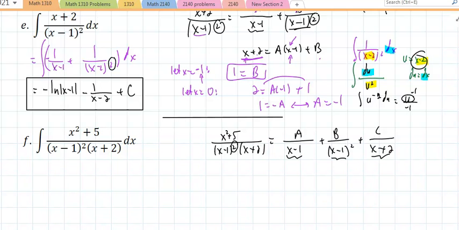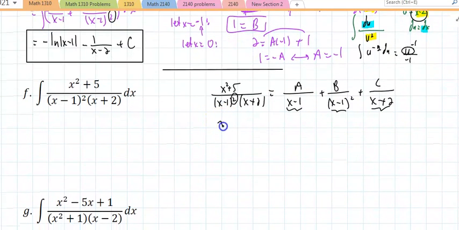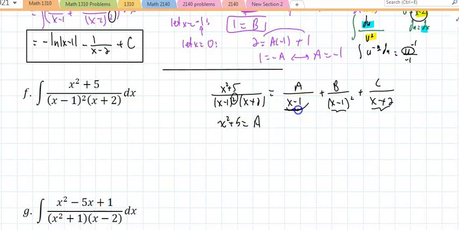So if I clear the fractions, x squared plus 5 equals A. This is missing an x minus 1 into x plus 2. This is missing just an x plus 2.